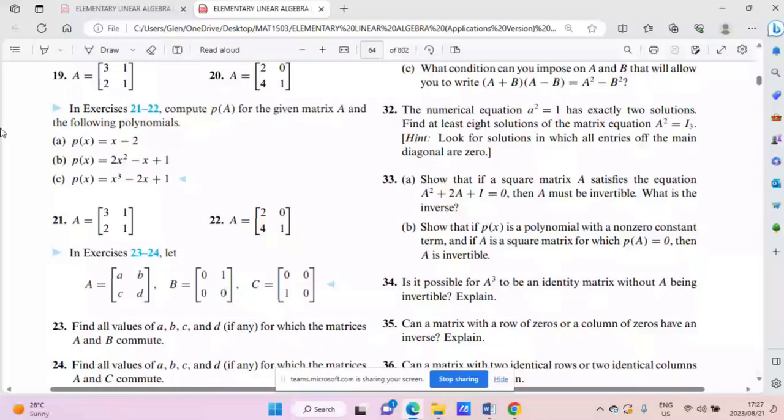I got 2, minus 1, 0, and minus 2. We are referring to 22A, yes? Okay, let me check, sir. I don't know if I can redo it again.